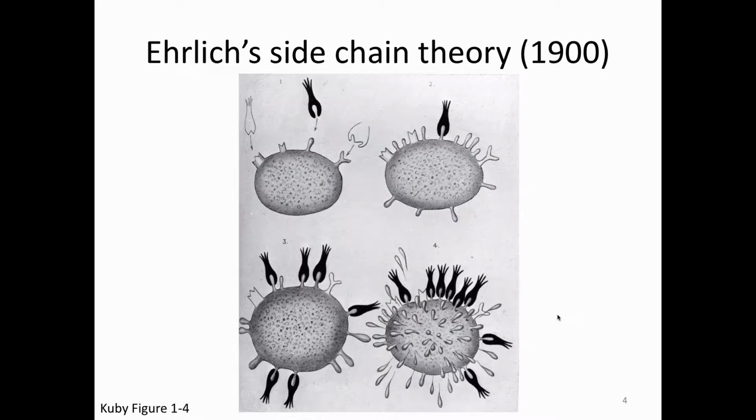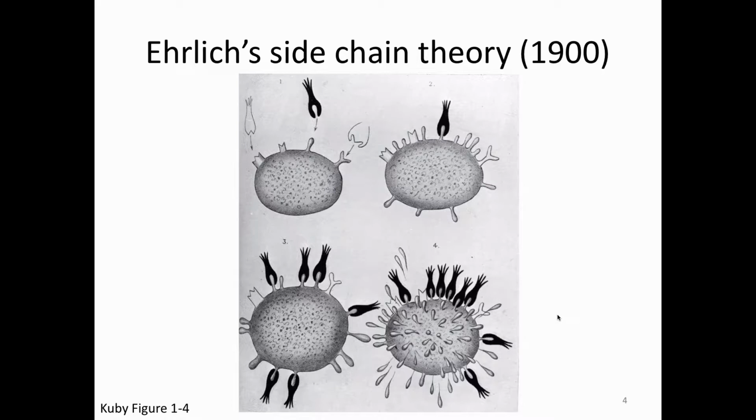And so Ehrlich had this idea that perhaps we would have a cell, which you can see in the upper right here, that might bind to some antigen, and those little fish or octopus-looking shape things are the antigens in this case. And so we might have a cell, it binds to antigen. When binding occurs, as you can see with this little black fishy thing, then the cell makes more copies.